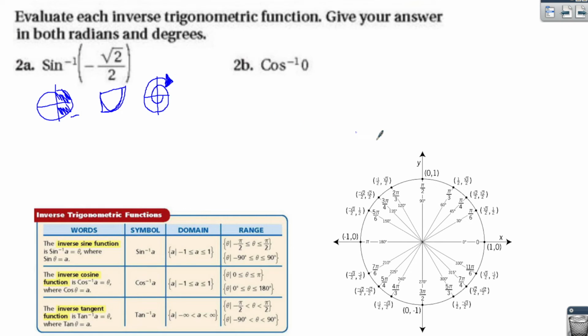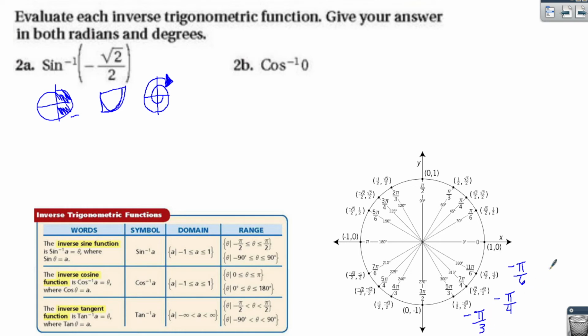So let's think about this. Let's relabel the quadrant. Right here, instead of 11π/6, it will become -π/6. The next one is -π/4. Notice how we're using the same measures from the first quadrant, except they're negative. Then -π/3.